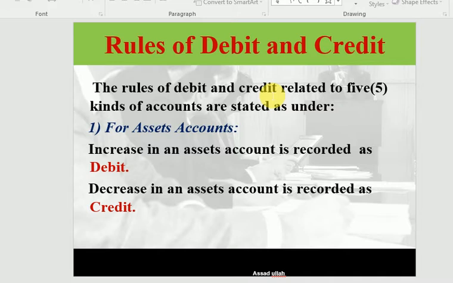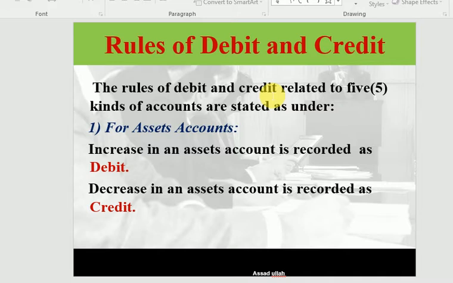So one by one we will now discuss the rules for assets, liability, capital or owner's equity, income and revenue, and expenses. When assets increase, how can we record it, as a debit or as a credit, and when assets decrease, how can we record it?